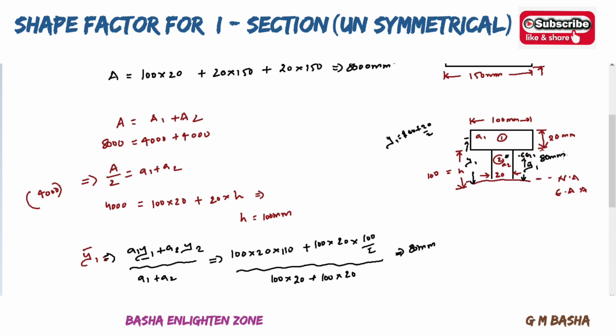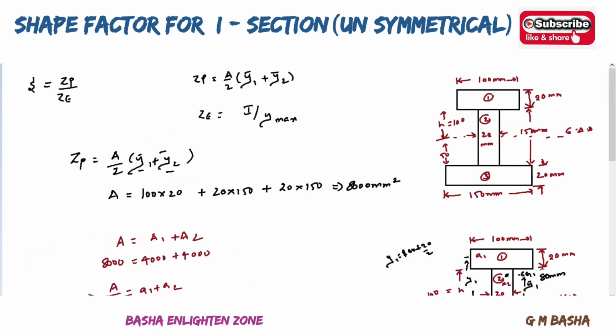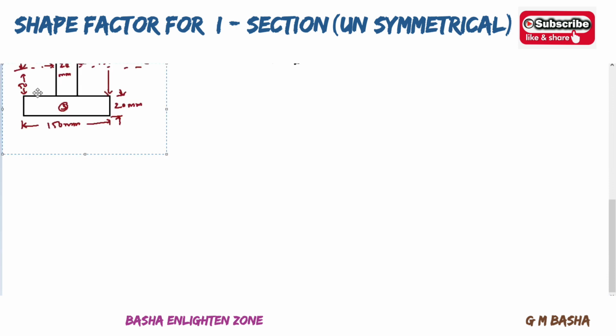But in the previous symmetrical I section, your y2 is the same from the bottom section and the top section. But in this unsymmetrical I section, it will be different. For that, again you have to find it taking this bottom section differently. So I will cut this section and find for this one also in the same manner.